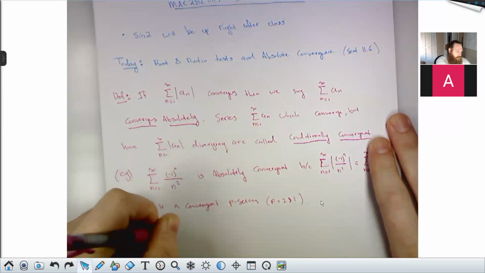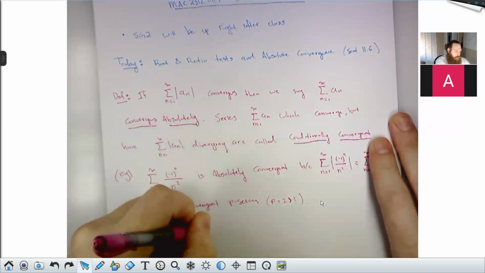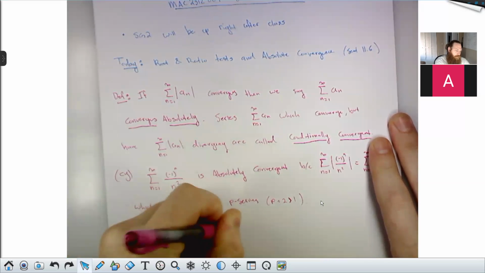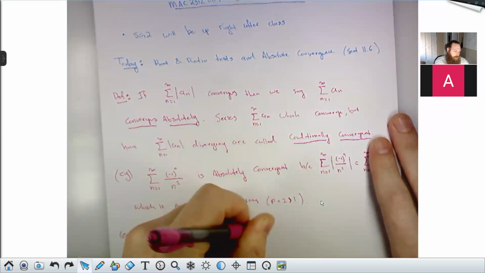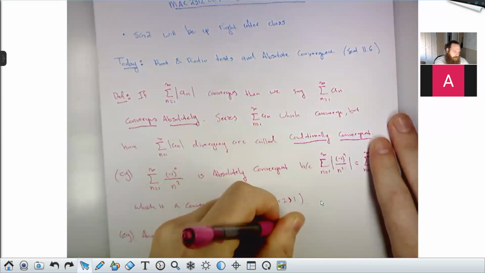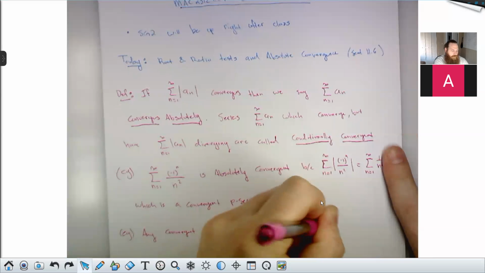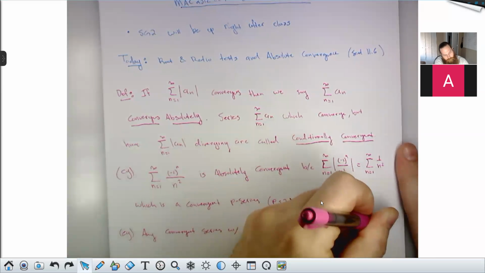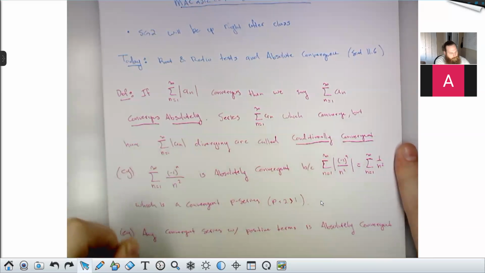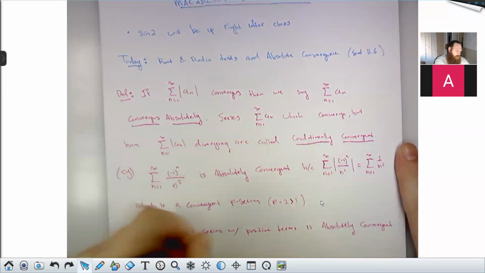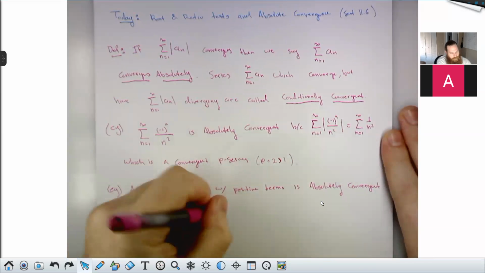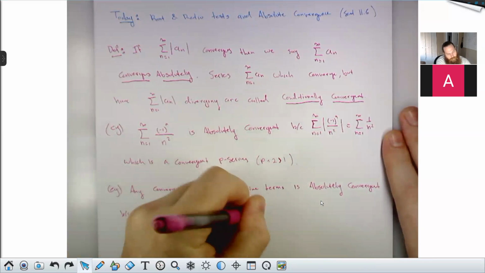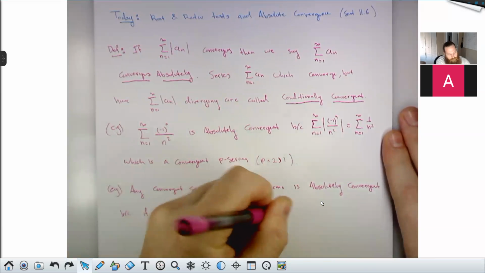Any convergent series with positive terms is absolutely convergent. Because if a_n is positive, then the absolute value of a_n is just a_n.